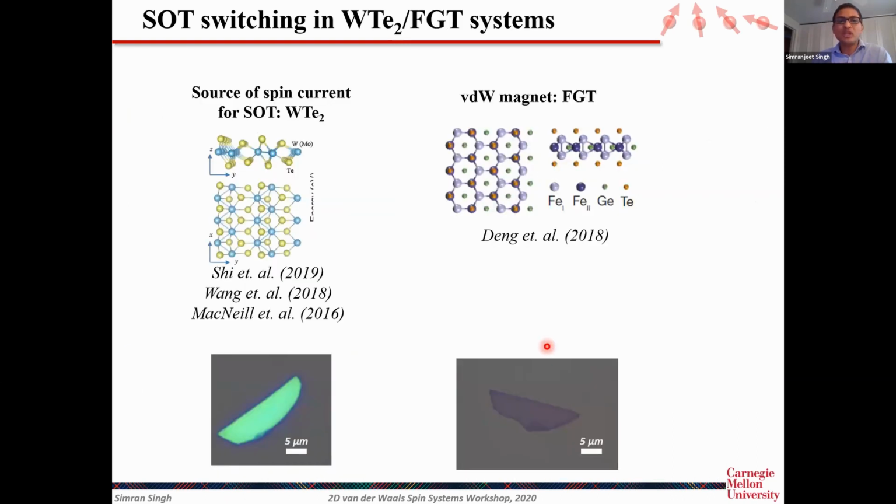For that, we focus our attention on WTe2, which has been shown to be an excellent material for generating spin currents out of all these 2D materials that we have at hand. For the ferromagnetic material, we use FGT, which has perpendicular magnetic anisotropy. This is one of the flakes which we use for these devices.